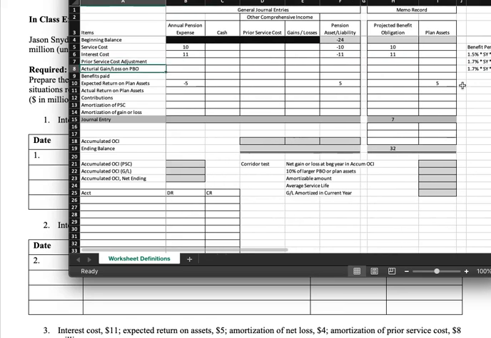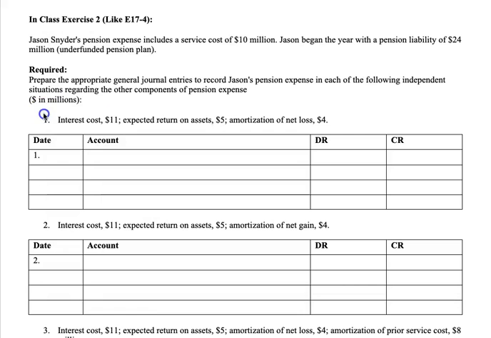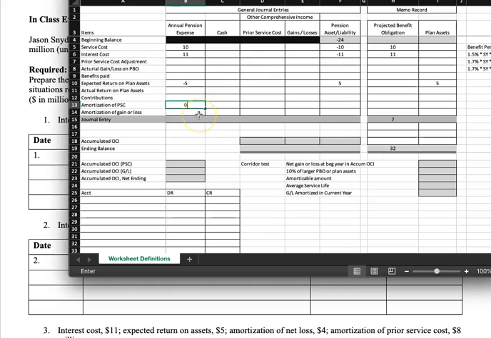So when we get down here, this amortization of PSC simply means in a prior year we had already adjusted, so this year we just need to record that amortization. So in this part of our problem, we have no PSC, so therefore we would have no amortization, so that would be 0, okay? And it would also go here if we did, because prior service cost is an account we carry, and then as we consume it or amortize it, it would be reduced.